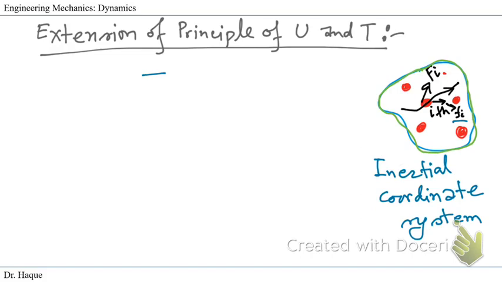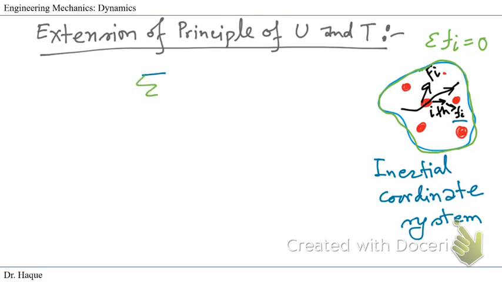So we can tell that the force each particle is exerting on each other will be cancelled out. So in this scenario, the summation of fi, all the internal forces acting on a particle, would be 0. So we can apply the principle of work and energy on this condition.